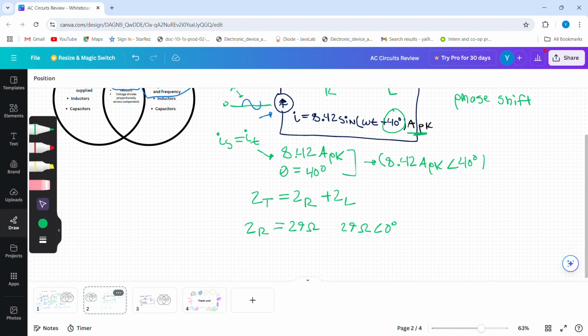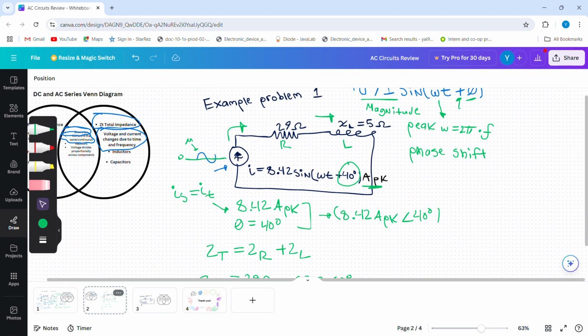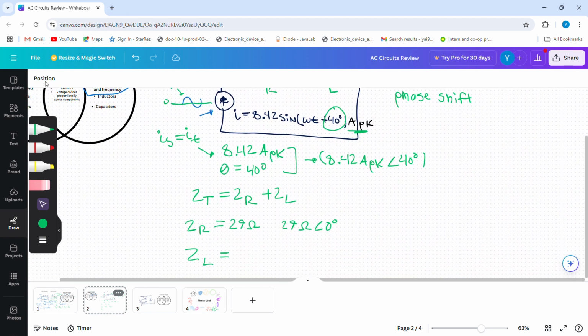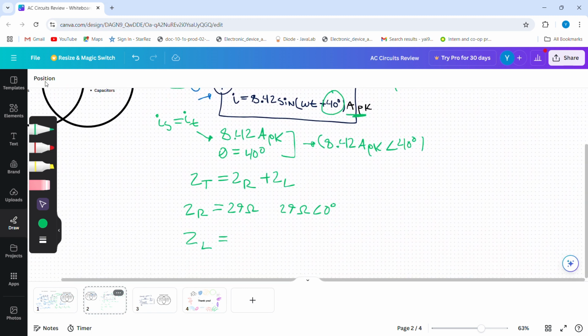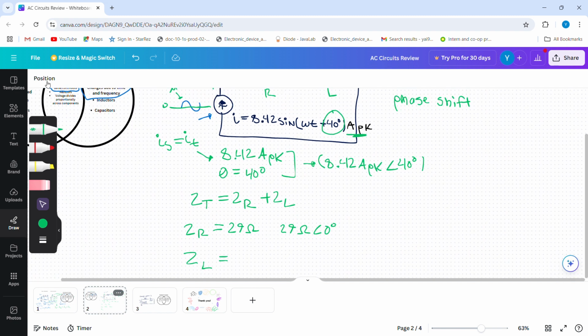Okay? And then for our inductor, we are thinking about a phase angle of positive 90 degrees. And they already gave us our reactance value, X of L, the reactance. So I can write 5 ohms at 90 degrees.